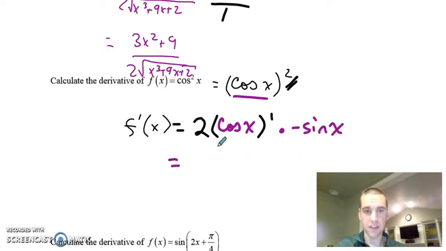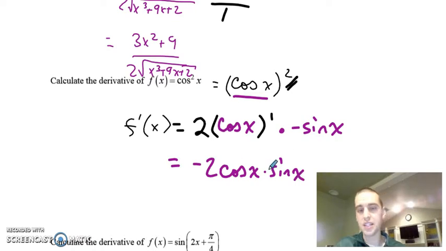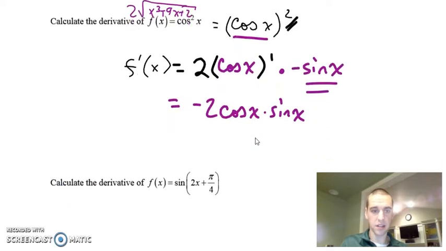And so what do we get as our final answer? Negative and 2 are out in front. Cosine x times sine x. Now you don't need the dot there, of course. You could just write negative 2 cosine x sine x. But again, this is the derivative of it. Don't think that that's the derivative of the inside.